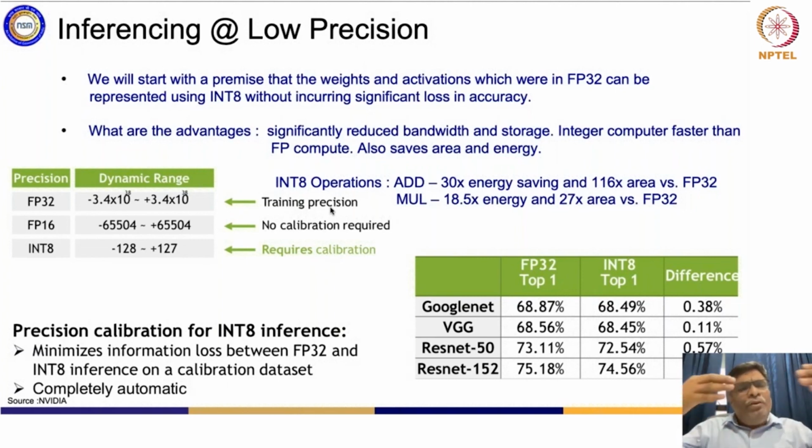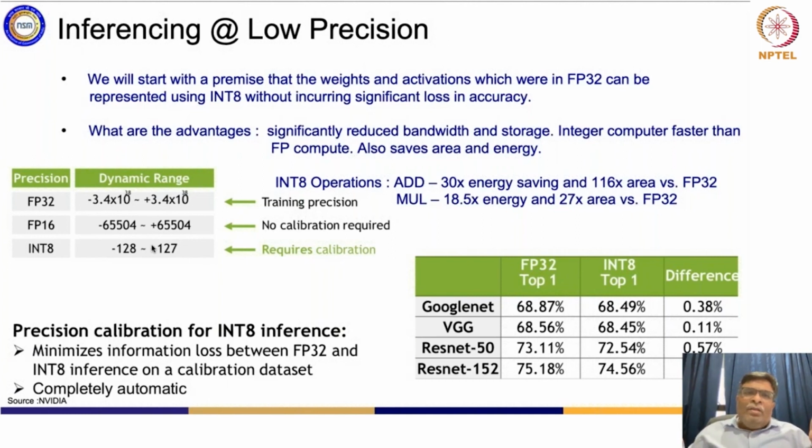Now, if you reduce it from FP32 to just FP16, your dynamic range changes from minus 65,504 to plus 65,504. What does it mean? The values which varied over the larger range have to be condensed into minus 65,504 to plus 65,504.